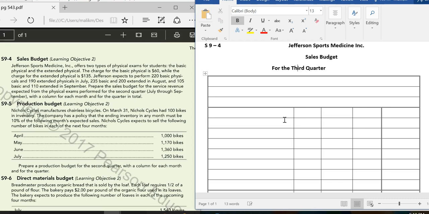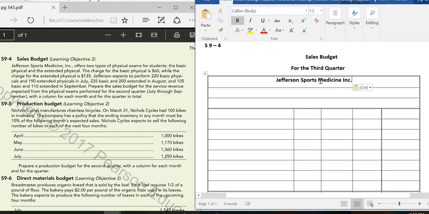So you actually need to write down the name of the company. Well, I think we already have some space here to write down the name, so I can convert a little bit of this space. I'm going to put it here.